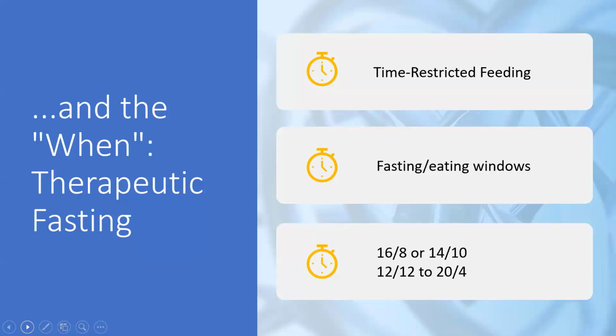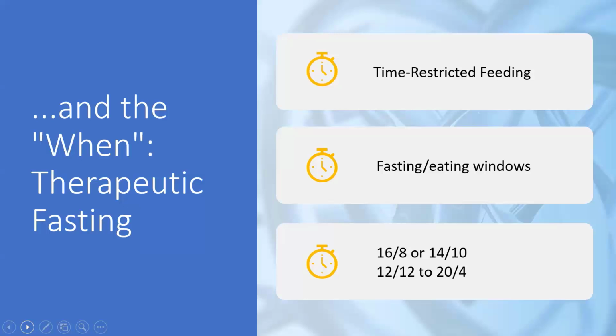One of the most common, most well known, is actually better termed time restricted feeding or TRF. You have a fasting and an eating window. The most typical pattern would be 16-8, where you fast for 16 hours and then have an eating window of 8 hours, or 14-10.